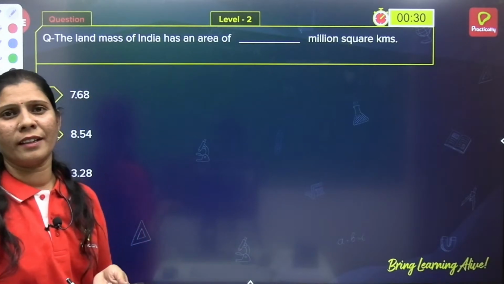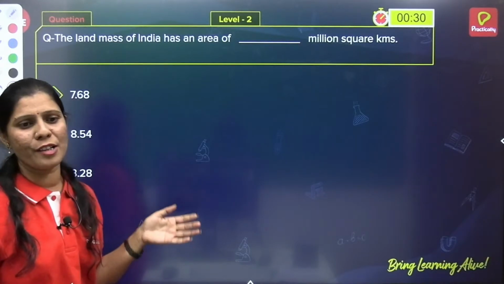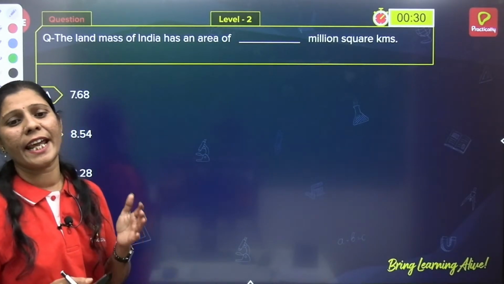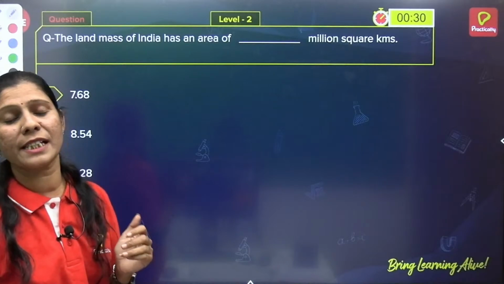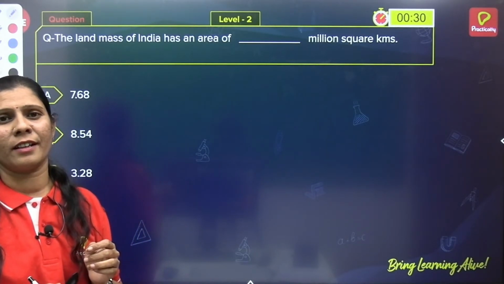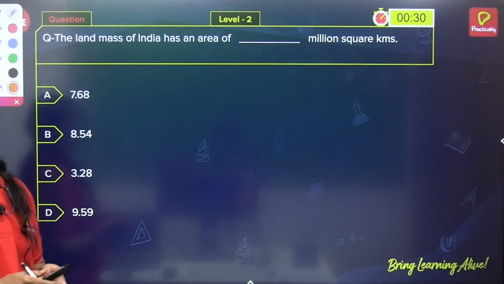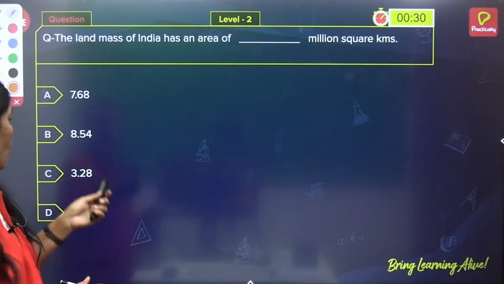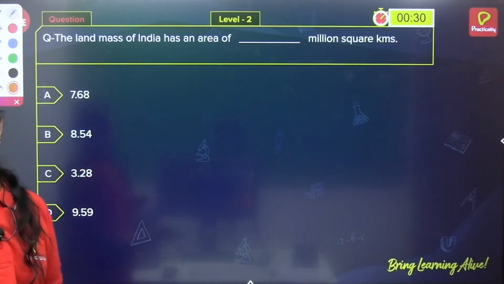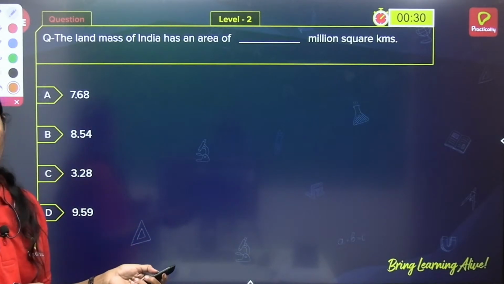The landmass of India has an area of dash million square kilometers. You can take the examples given here and choose the right option.